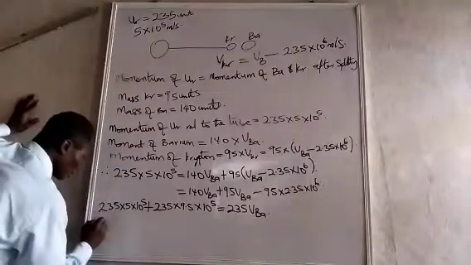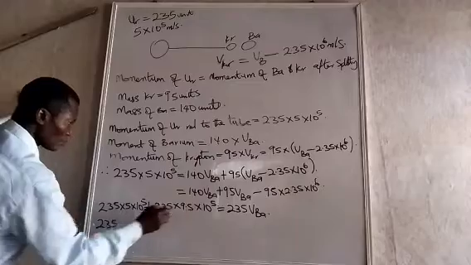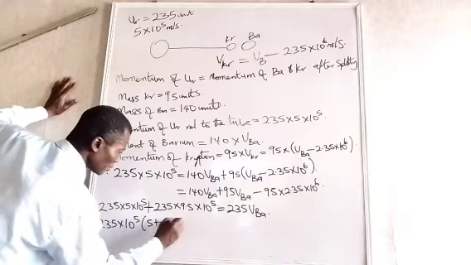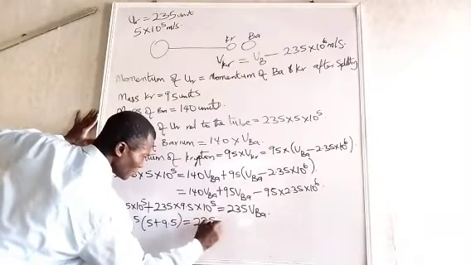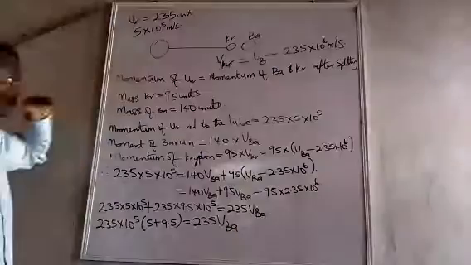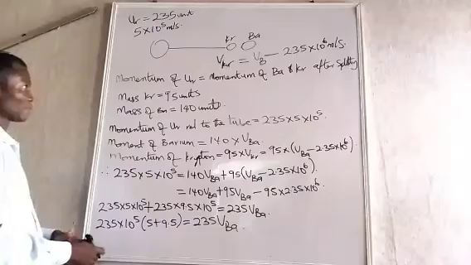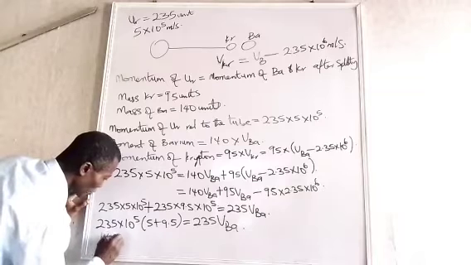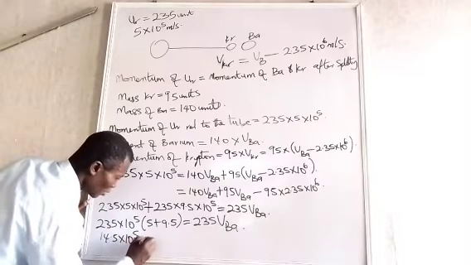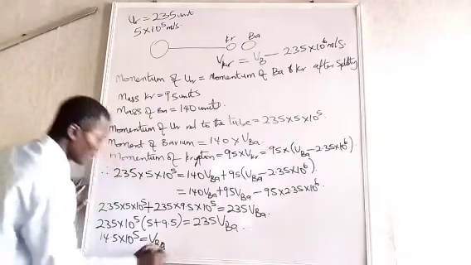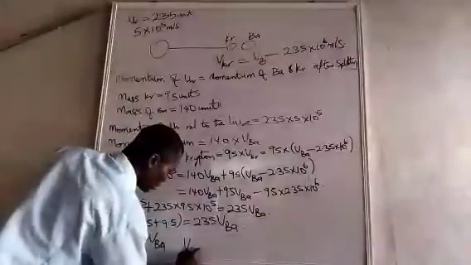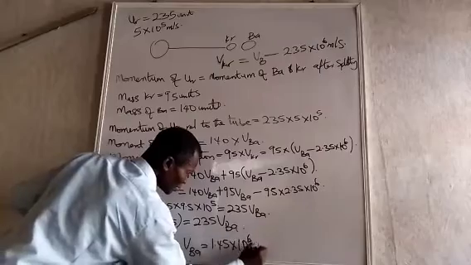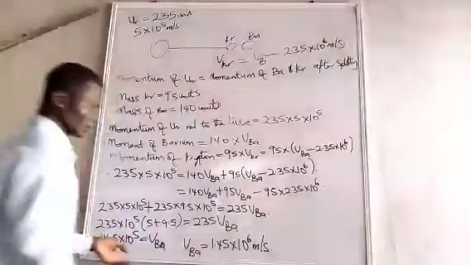So I have 235 times 10 to the power 5 into 5 plus 9.5 is equal to 235 velocity of barium relative to the tube. If I divide both sides by 235, this gives 14.5 times 10 to the power 5 is equal to VBa. Working further, VBa is equal to 1.45 times 10 to the power 6 meters per second relative to the tube.